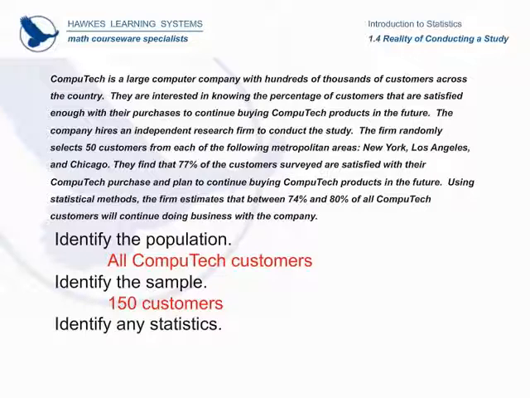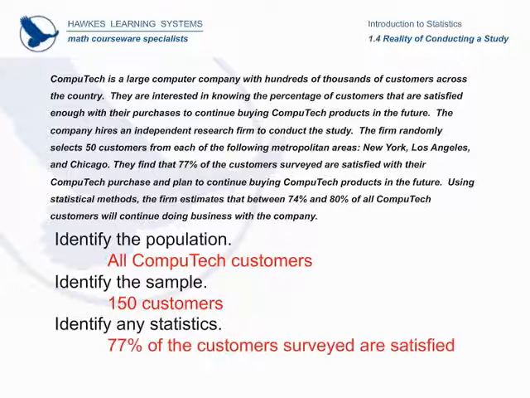Next, we want to identify any statistics, and we know statistics are taken from a sample. From that we find that 77% of the customers surveyed are satisfied. And so that's how we can take a scenario and pull out key pieces of information.